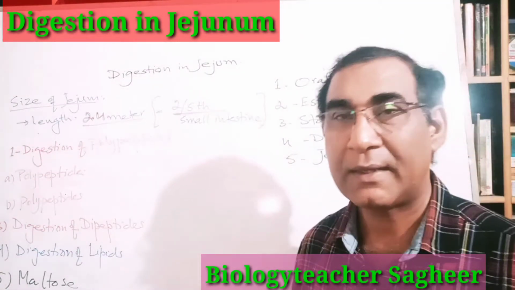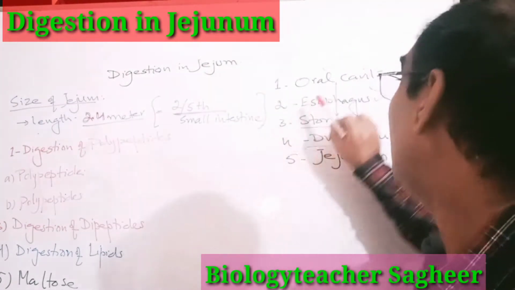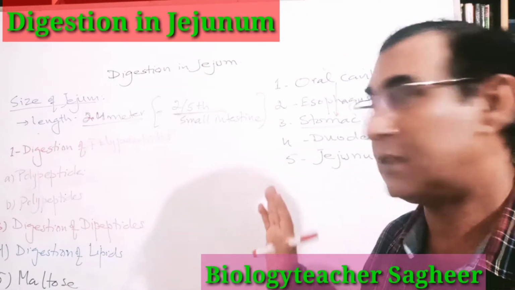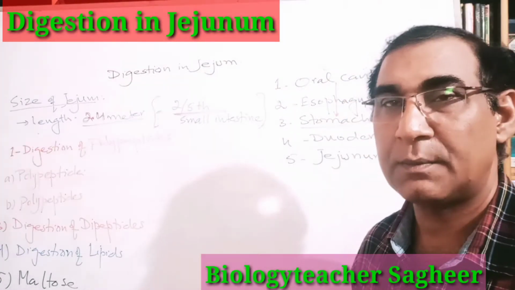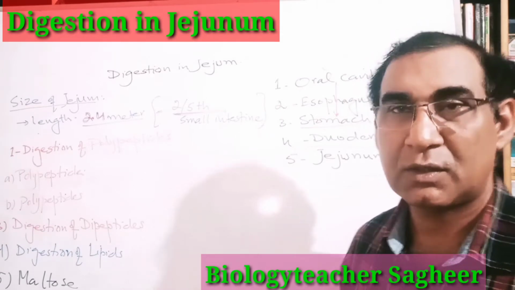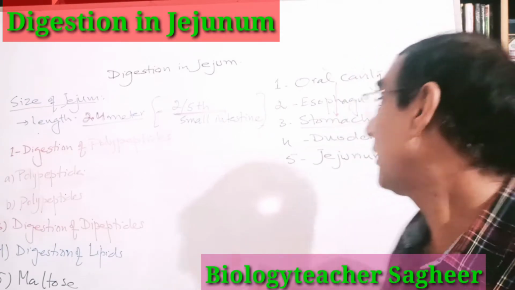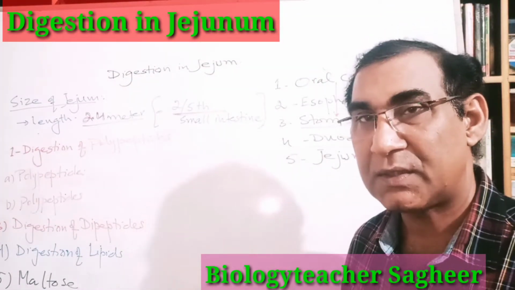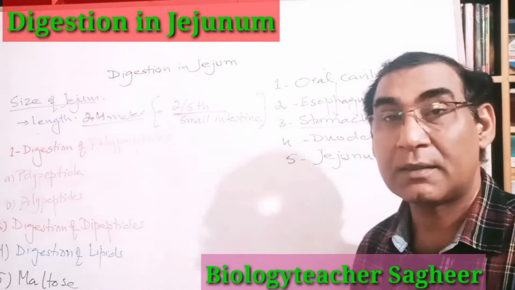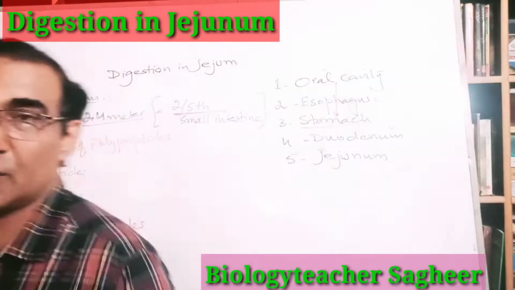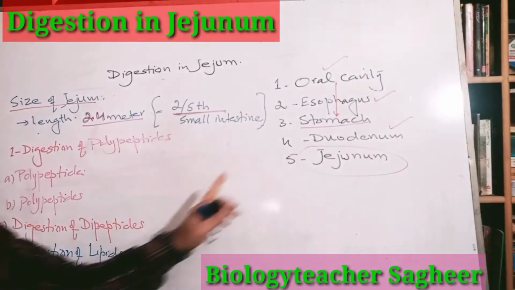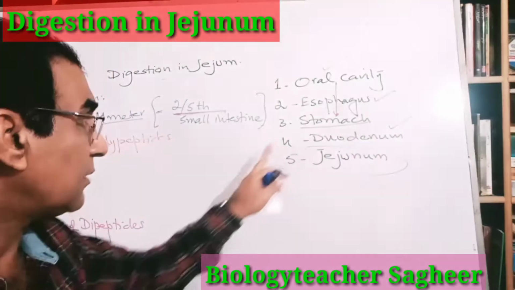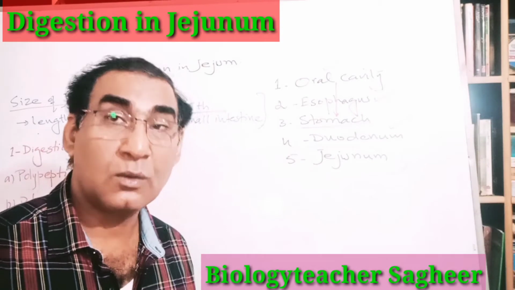If you remember my lectures, carbohydrates, particularly starch, are digested in the oral cavity by the action of salivary amylase, but not completely. That is partial digestion. Proteins are digested in the stomach by the enzyme pepsin, and that is also not complete.